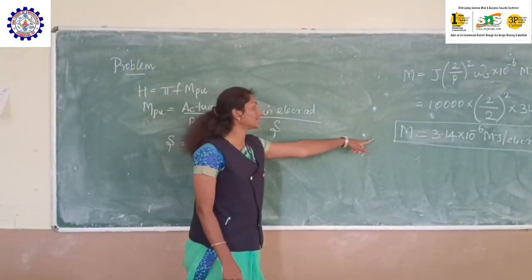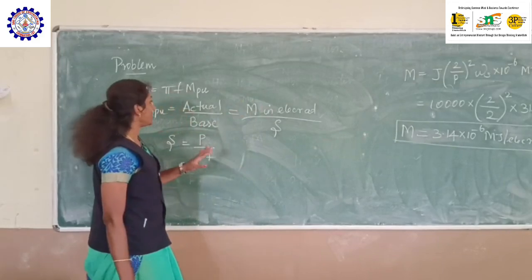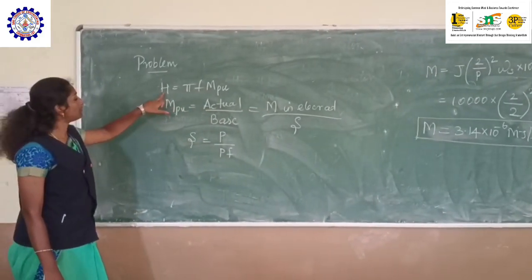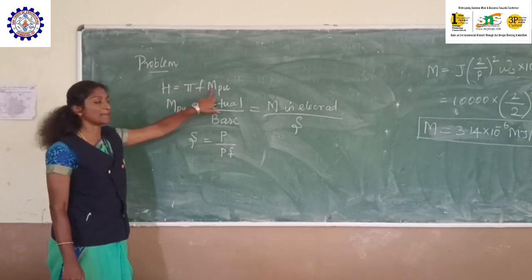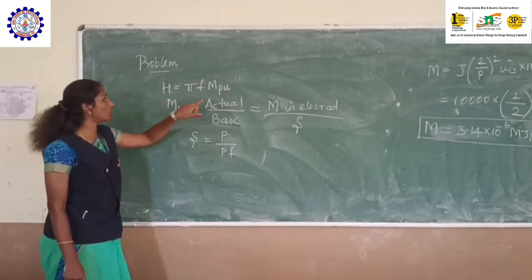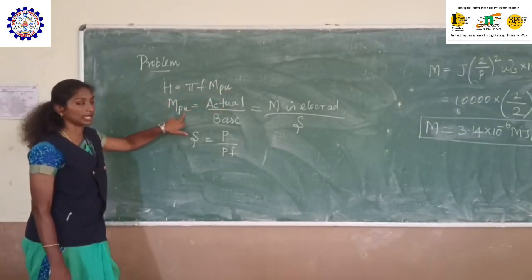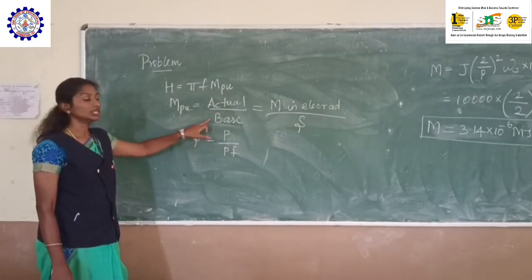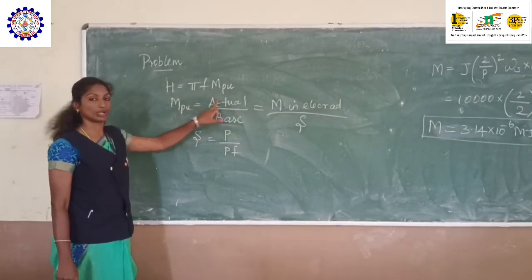So we have already calculated the moment of inertia, and next we have to determine the inertia constant H. The formula for H is pi f into M per unit. As we already know, a per unit value can be calculated with the help of the actual value and the base value. So the per unit formula is actual by base.